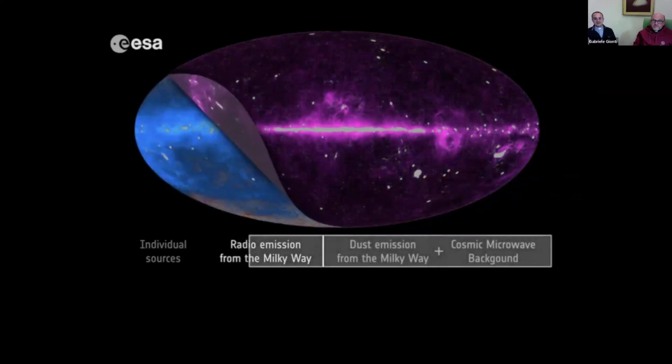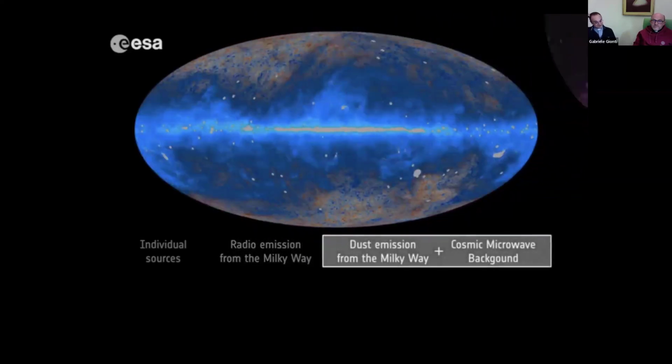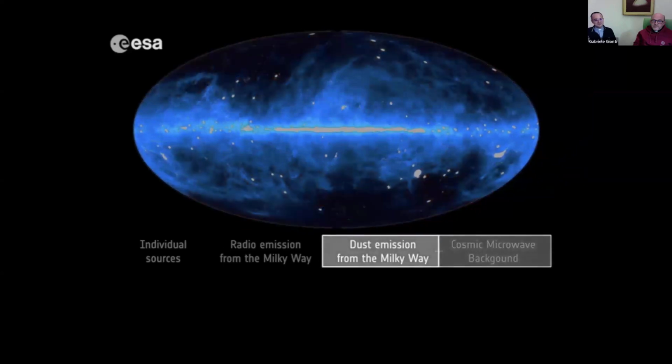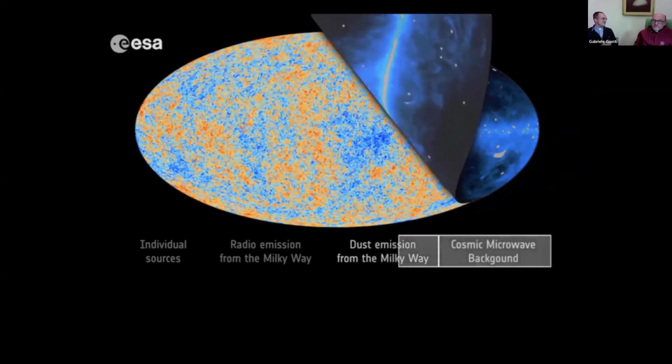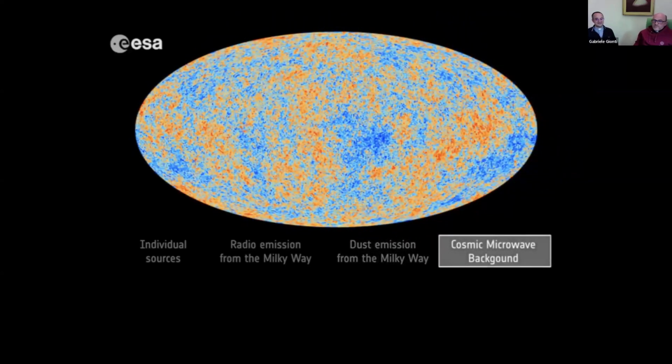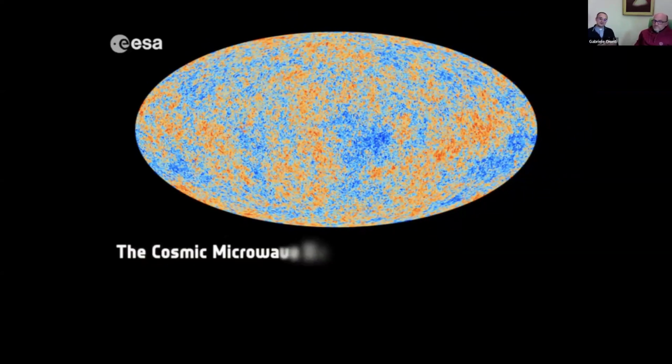You have to remove the dust emission, also from the Milky Way, in order to be able to see the CMB. So it's quite a tricky process for temperature and even more difficult for polarization. So there is a big effort in this direction.